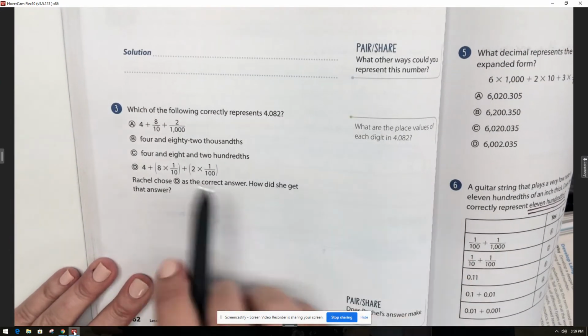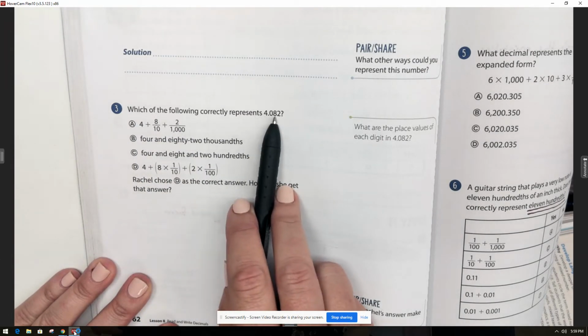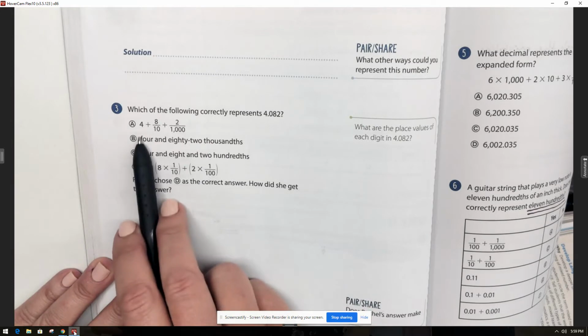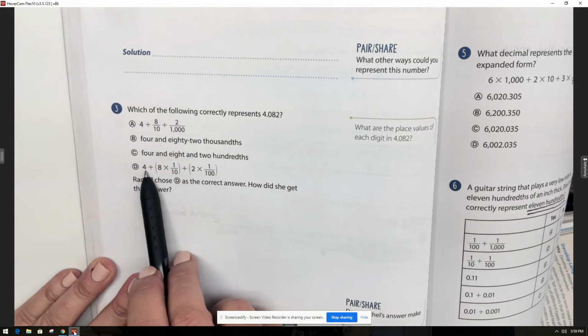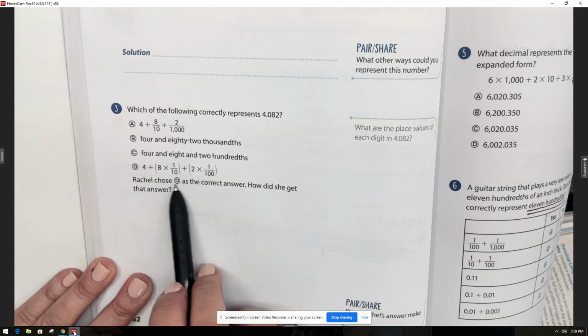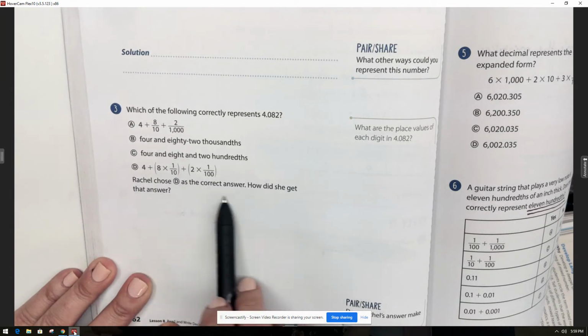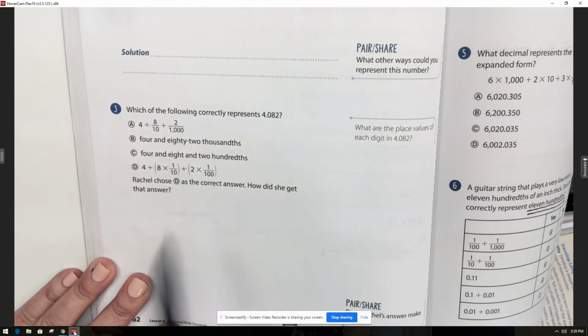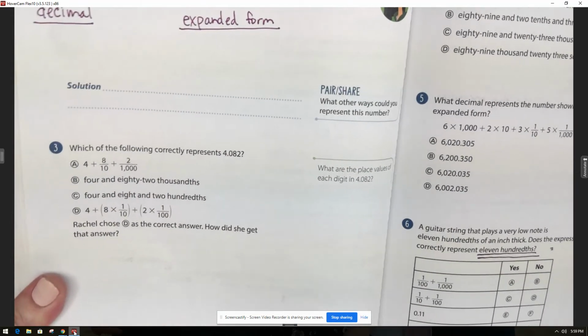Okay. For number 3, which of the following correctly represents 4 and 82 thousandths? So you're going to look at each of these choices and choose the one that is correct. Rachel chose D as the correct answer. How did she get that answer? So what might Rachel have done that was incorrect? Or correct, if it's right.